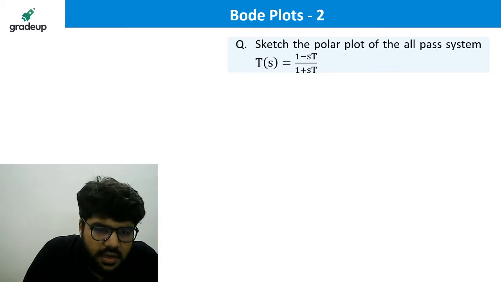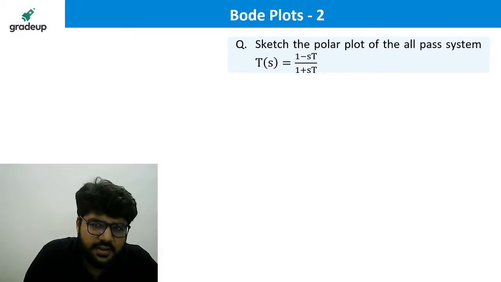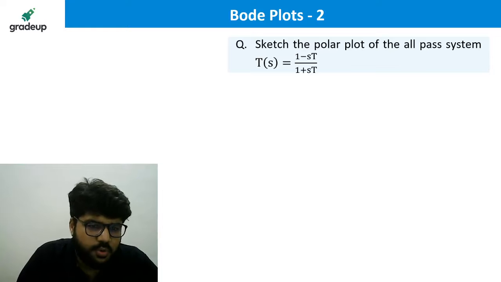Now, one more thing, just because I've introduced the all pass system now, what will be the polar plot of an all pass system? Can we do it?